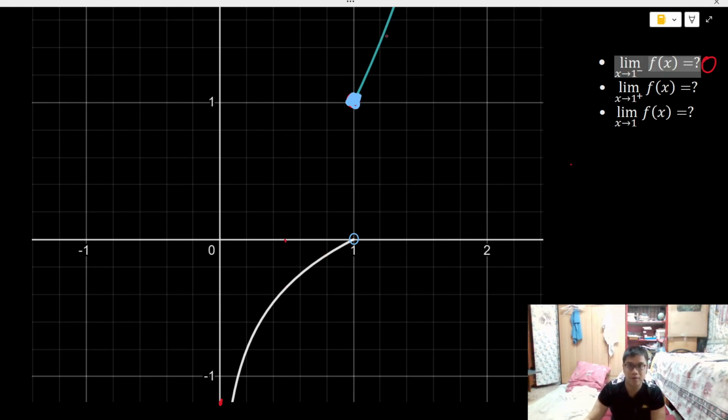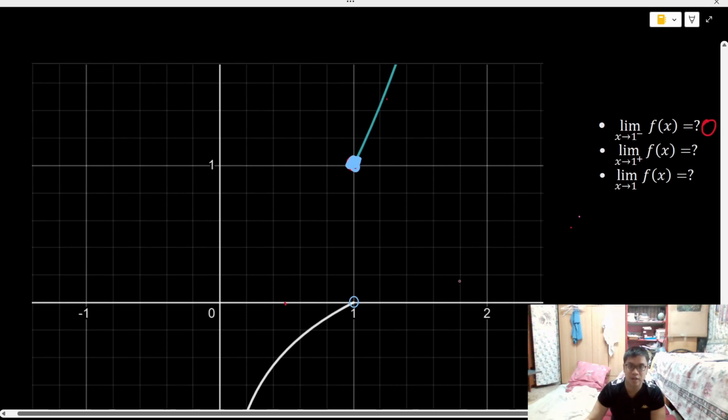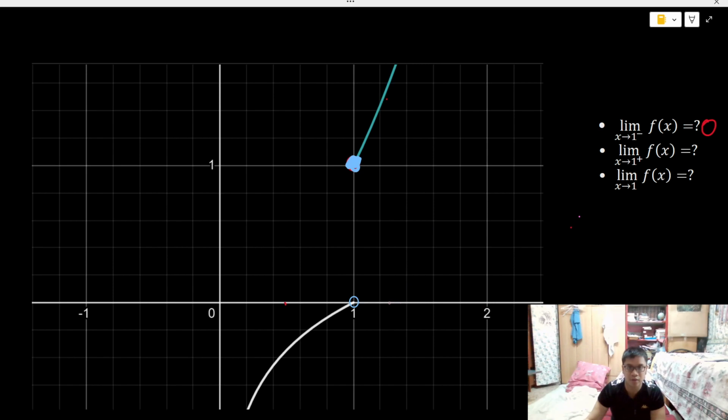Now, how about from the right? Let's start with 2. 2 is going further and further. So let's just say, here, this is 1.25. If that's the case, then it's approaching midway to 1 and 2, so closer to 1.5.